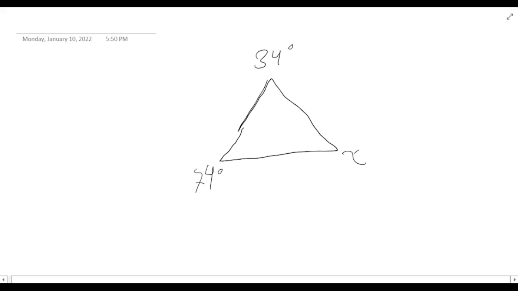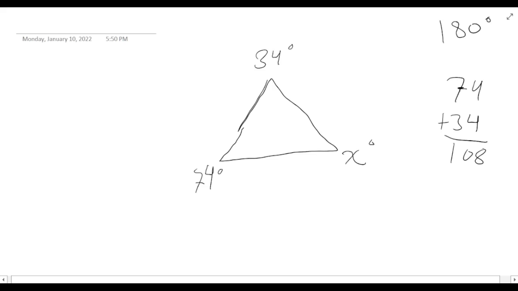Obviously, right now, the triangle isn't drawn to scale proportionally, but let's just pretend that this is 34 degrees and this is 74 degrees. Okay, so let's remember that all of the angles added up together have to equal 180 degrees. So once again, we're going to add up the angles that we do know. So that's 34 and 74. So let's write that on the side. 74 plus 34. We get 108.